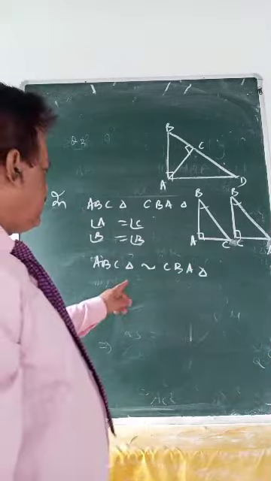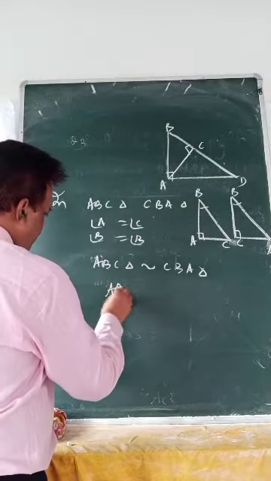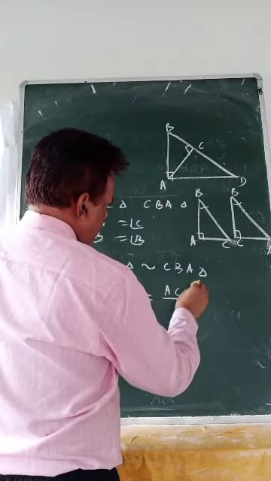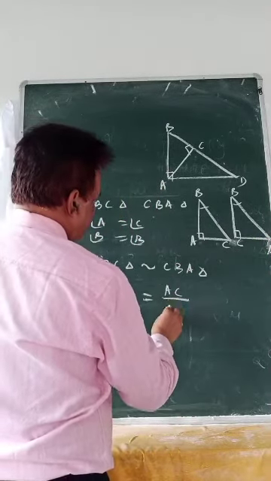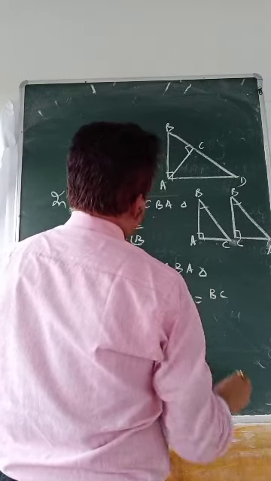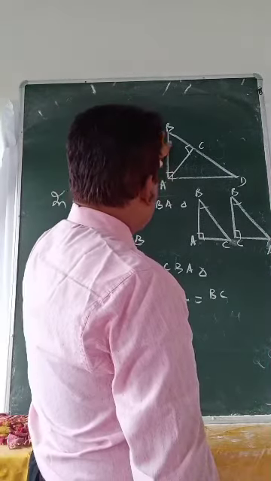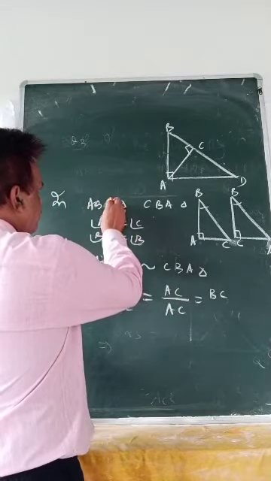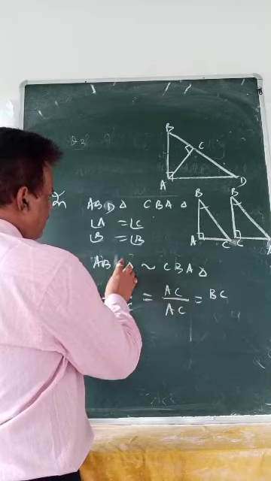Okay, then AB by BC, AC by CA equals BC by, ABD triangle, sorry, ABD triangle.